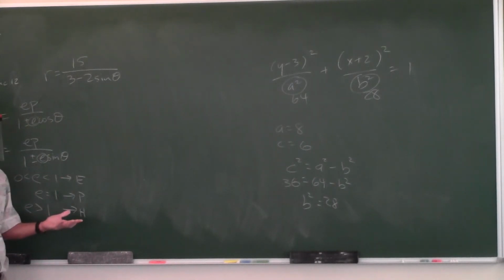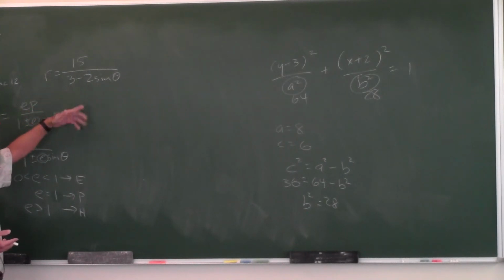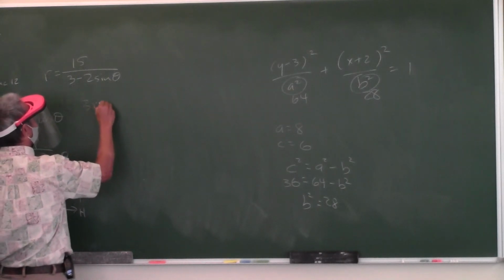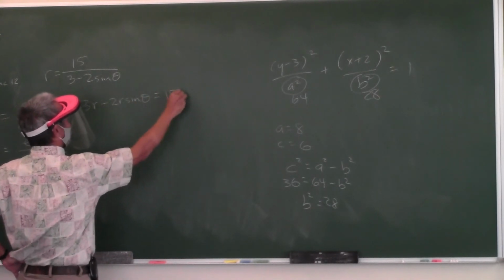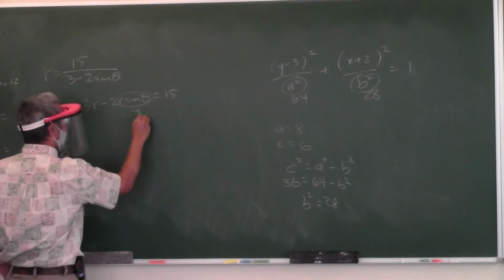How do you find the foci? Well, one way is change it to a rectangular equation. Remember, like we did in last chapter? Okay, watch. Some of you are going to say, what? Okay, cross multiply. That's y.